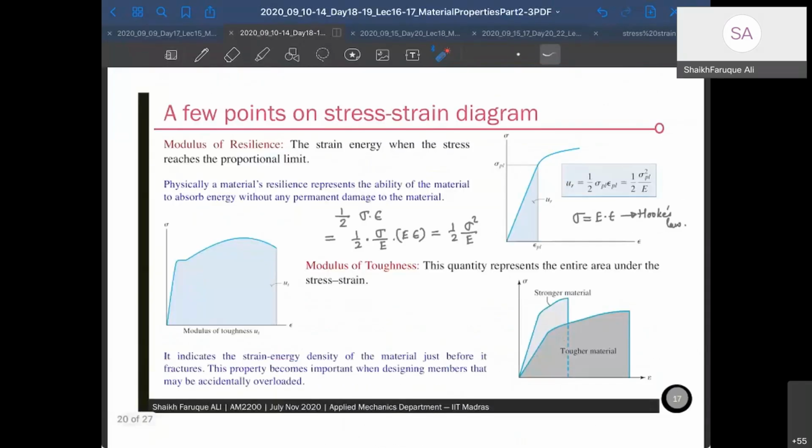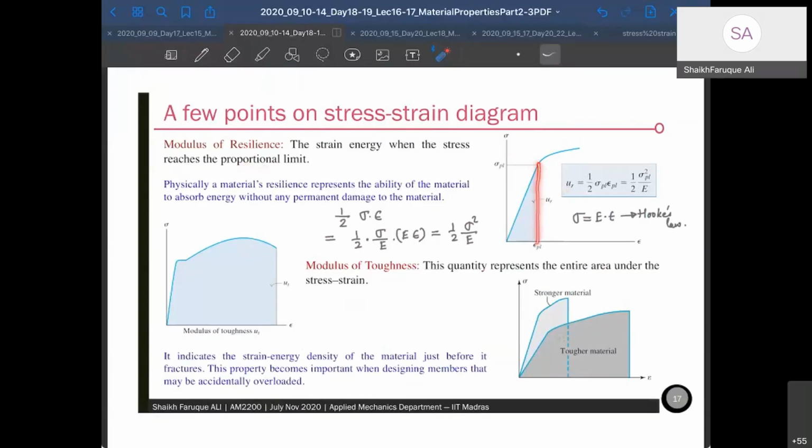A few points related to strain energy which you need for material design. First is the modulus of resilience, which is the strain energy when the stress reaches the proportionality limit. You see, the modulus of resilience for a member will be a material property. It's no more a property of the loading, right? Because you can write UR is half into sigma proportional into epsilon proportional.